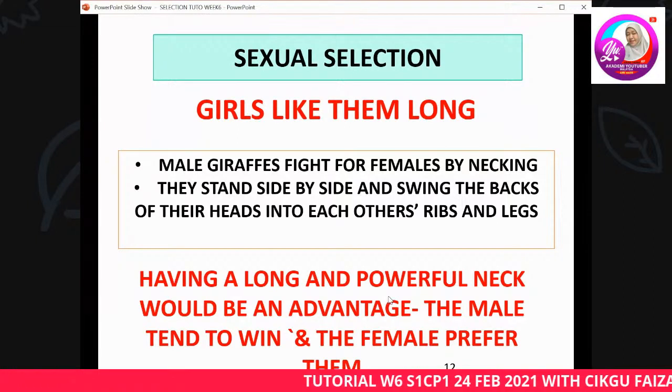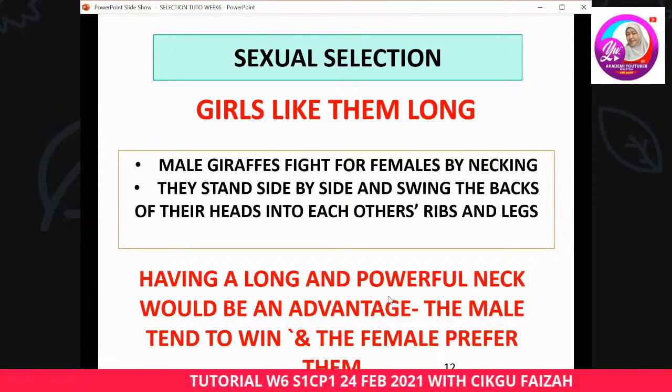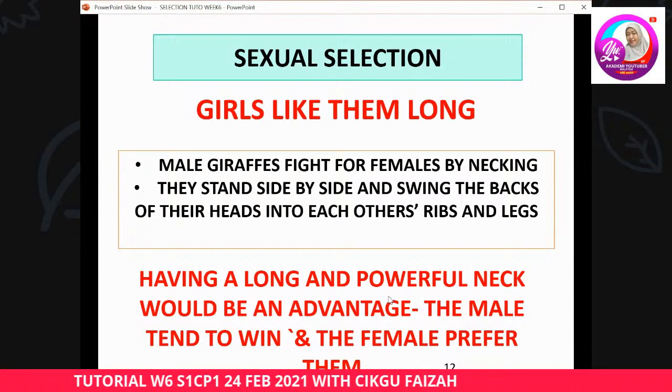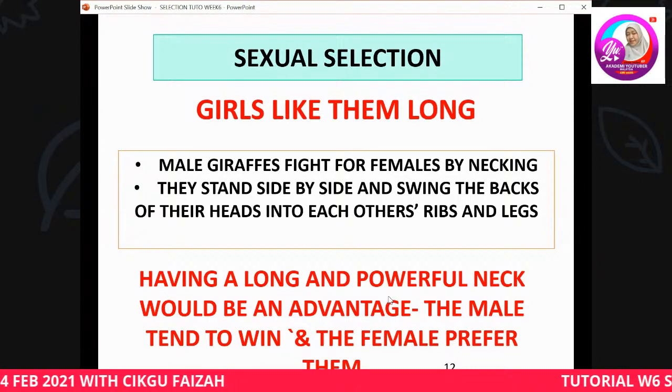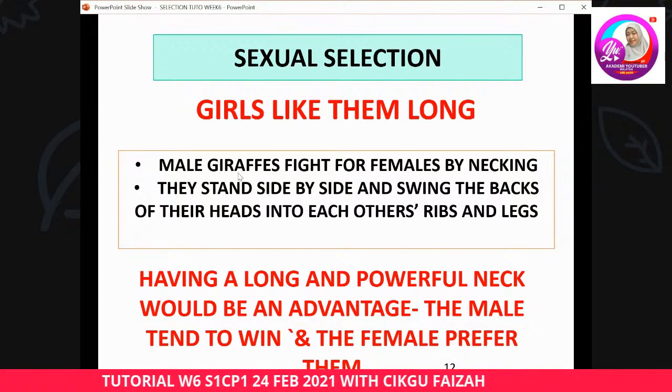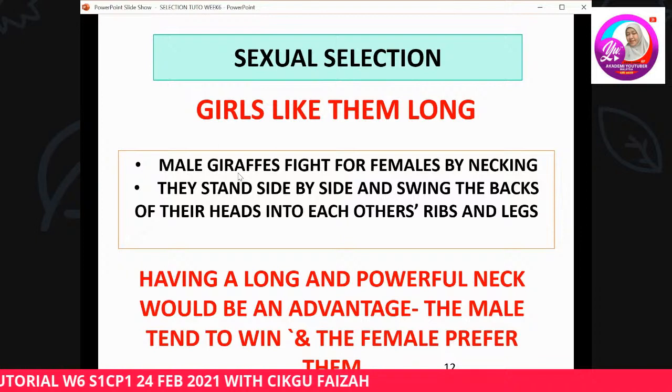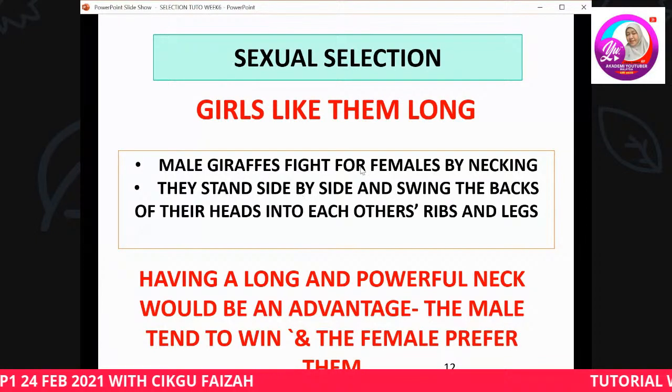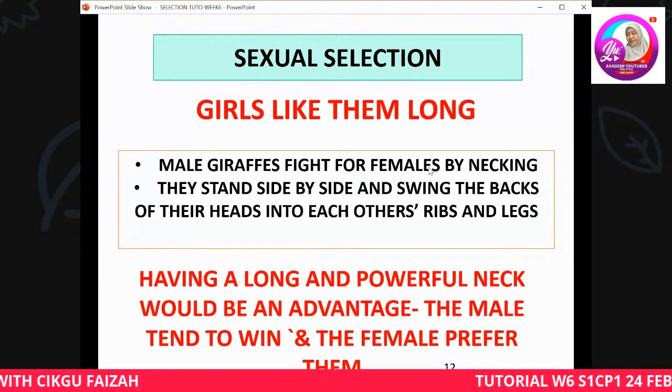Why the long neck? Okay, first of all, as you all know, like teacher showed just now in the diagram, with the long neck they are able to reach all the leaves on the tall trees. Okay, so with the long neck, when there's a fight, the male giraffe will use this long neck by necking.